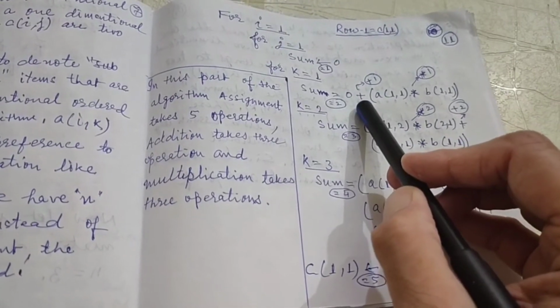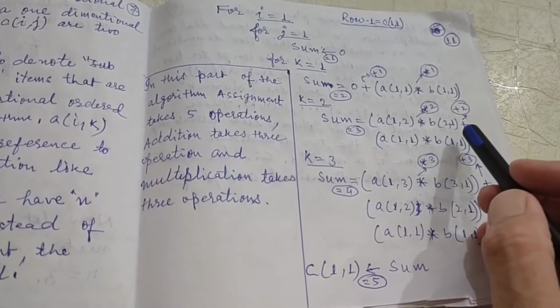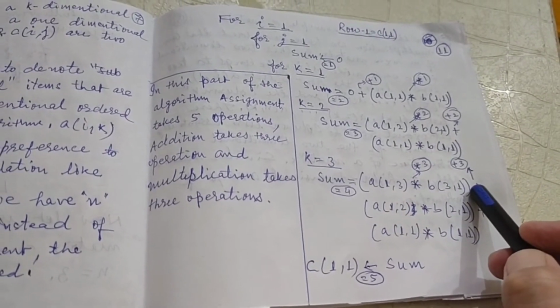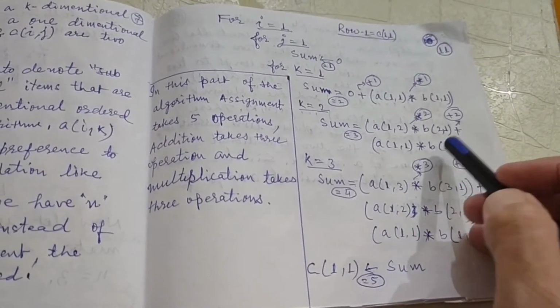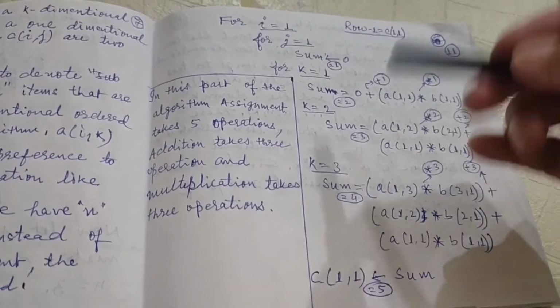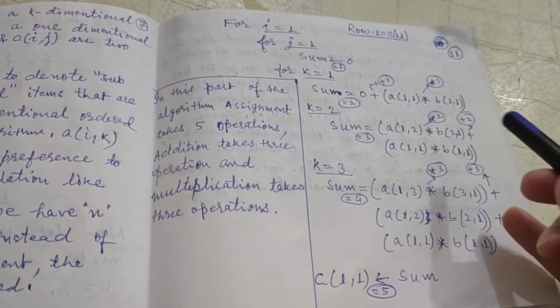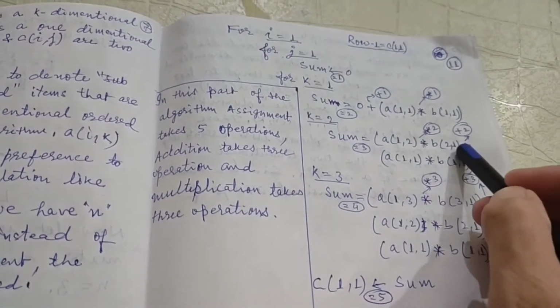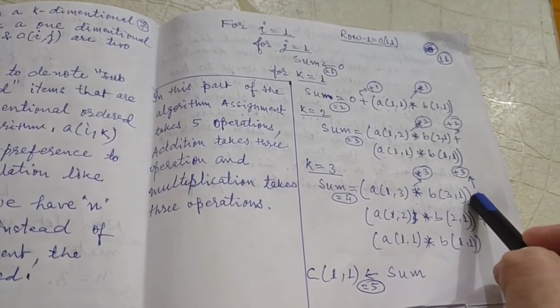This is the first addition, this is the second addition and this is the third addition. These 2 values are already added in the first 2 steps. Therefore there are 1 addition, 2 additions and 3 additions.